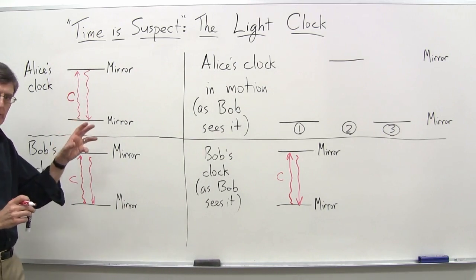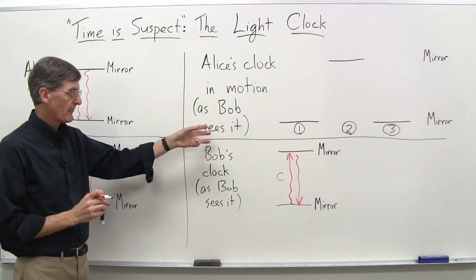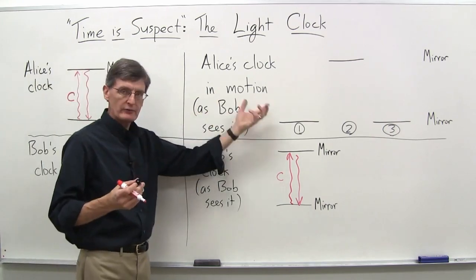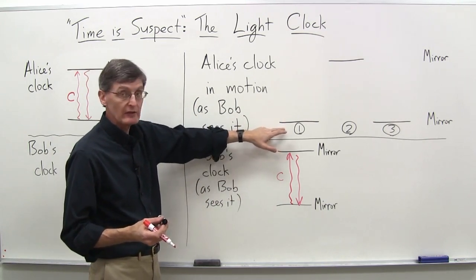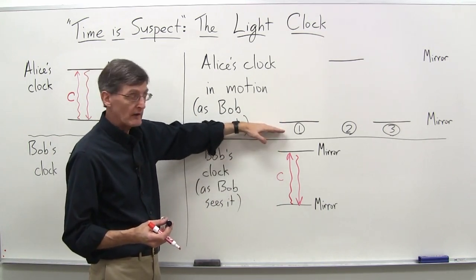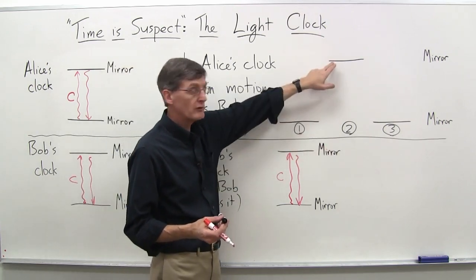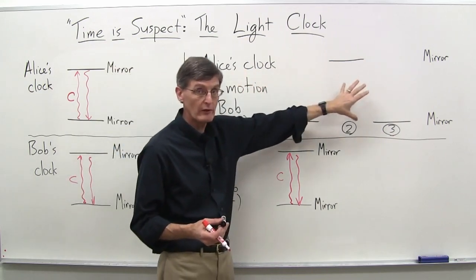But now let's think about how Bob sees Alice's clock in motion. And a three-step process here. So say at time t equals 0, when the light beam is just leaving the bottom mirror of Alice, versus a little bit later on, the top mirror is going to be over here. In other words, clearly the light clock is moving this way.